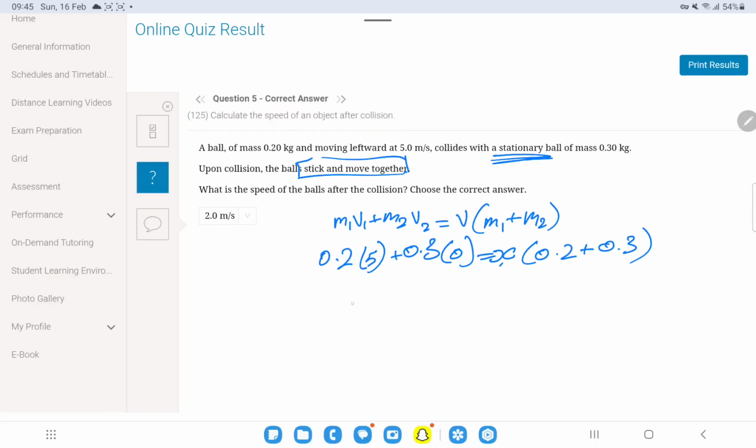So we have 1 equals x times 0.5, and 1 over 0.5 equals x. You can put it in your calculator, or if you know it, just do it in your head. It's 2 equals x. And written to the least amount of significant figures, 2.0 meters per second, because they asked for speed.